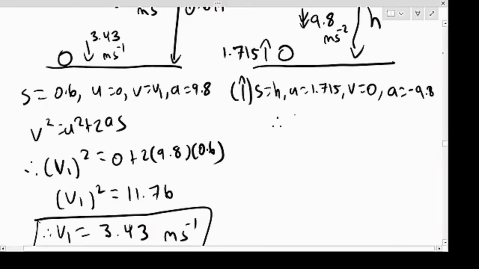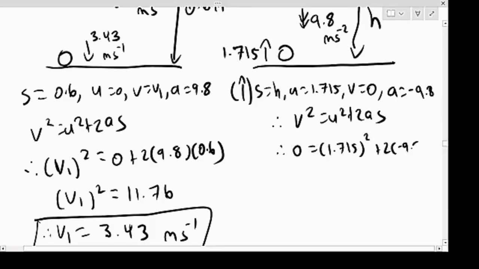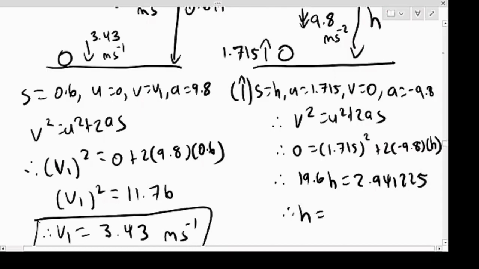So therefore now I can say, again, V squared is U squared plus 2AS. So 0 is going to equal 1.715 squared plus 2 lots of minus 9.8 lots of H. So that means 19.6 H is going to be 2.941225, therefore H is 2.941225 divided by 19.6.